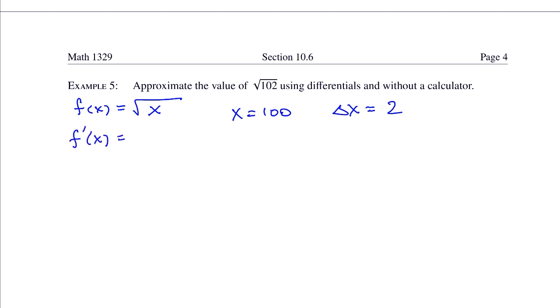What is the derivative of the square root function? 1 over 2 root x. Now we'll use the differential. So dy is equal to f prime of x times dx.